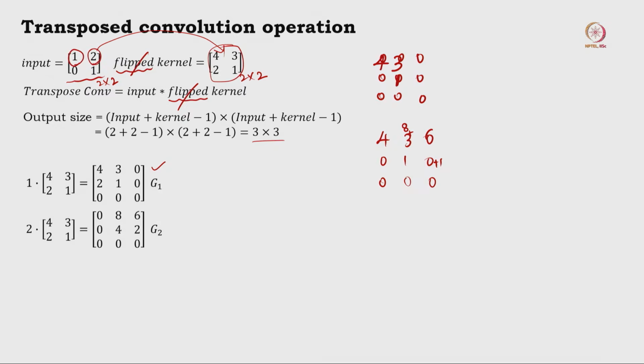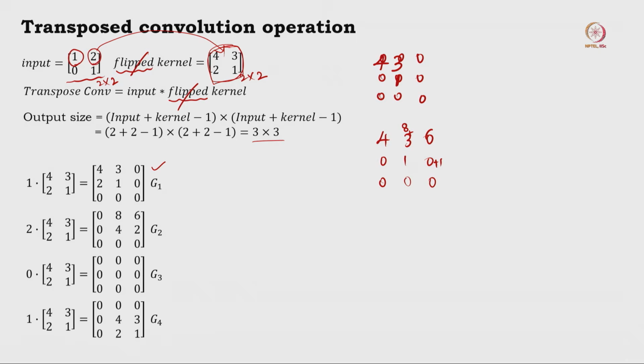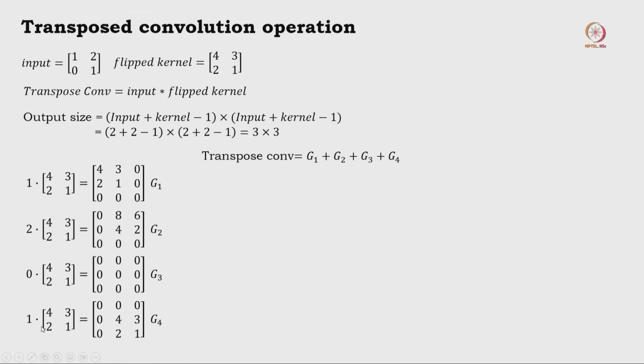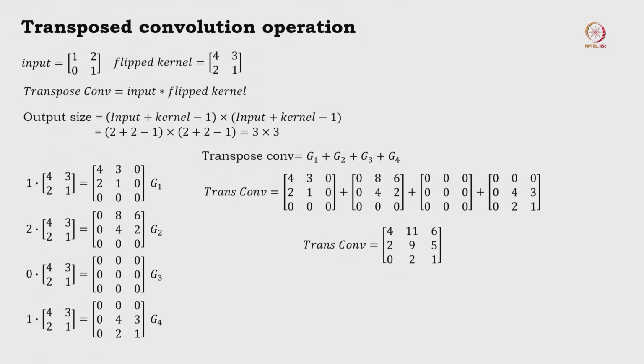So 4 2s are 8, 3 2s are 6, 2 2s are 4, and 2 1s are 2. Similarly, you take 0 multiplied with each of the elements, 1 multiplied with each of these elements. Then you are going to add all of these values. So what is G1? G1 is this, G2, G3 and G4. You will take each of these values and then add.